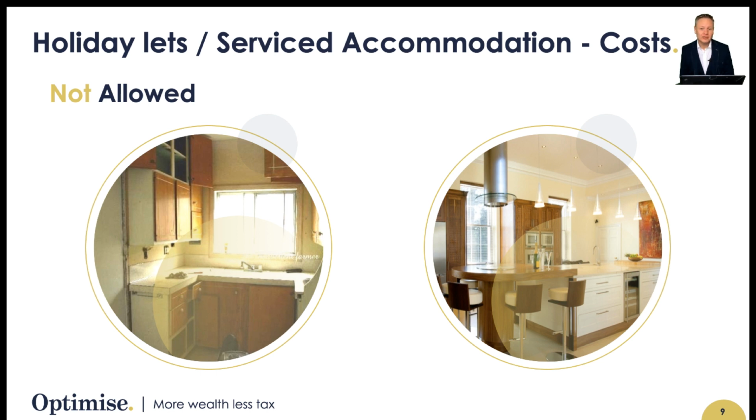Well, unfortunately, HMRC will not see this as a like-for-like replacement. Indeed, they will say that these costs are capital in nature. These costs will then be put onto your balance sheet and you can reduce your capital gains tax charge when you sell the property. But you cannot offset these costs against your rental income, sadly.